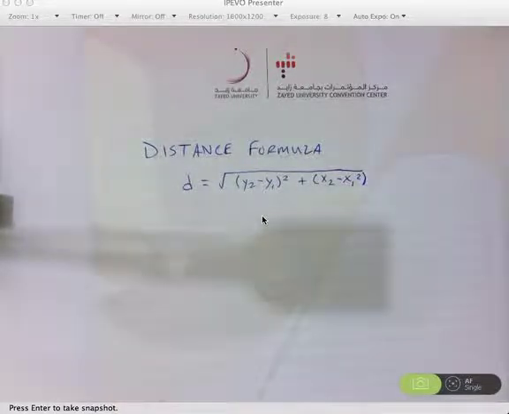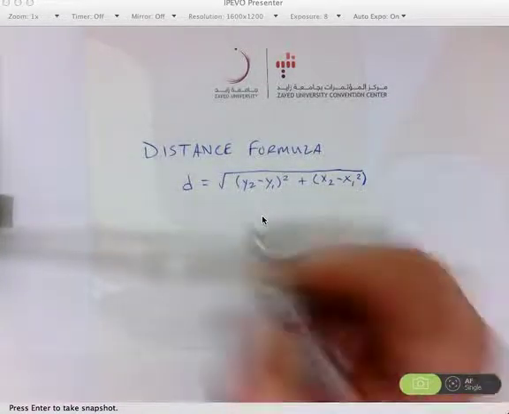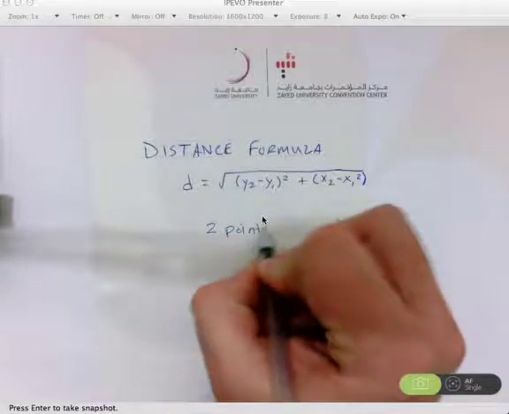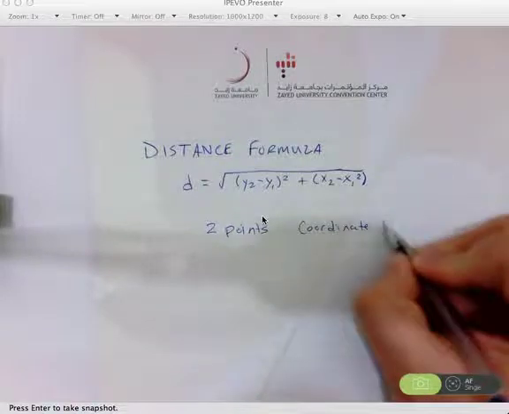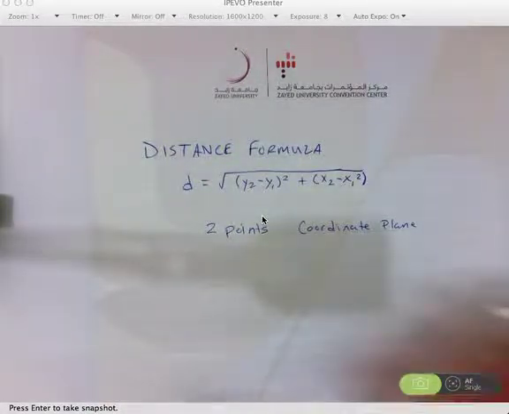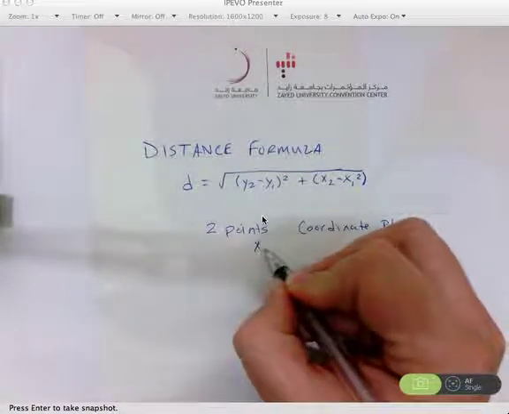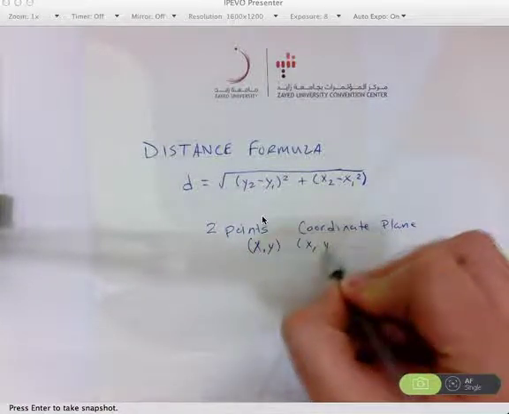You need to remember from Algebra 1, when you see y2 and y1 and x2 and x1, you have to realize that we're going to be dealing with 2 points on a coordinate plane. And this is how we keep track of which one is which. I always remind my students that if I have 2 points, one point will be xy, the other point will be xy.